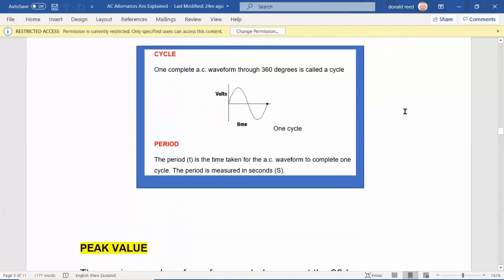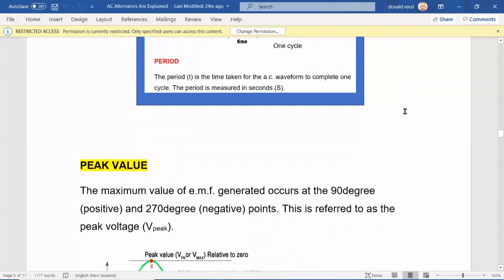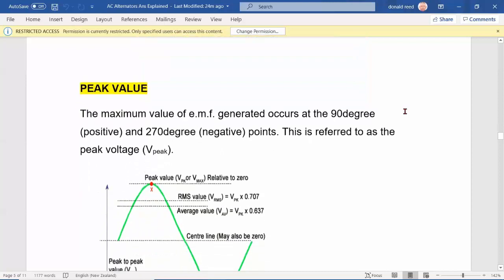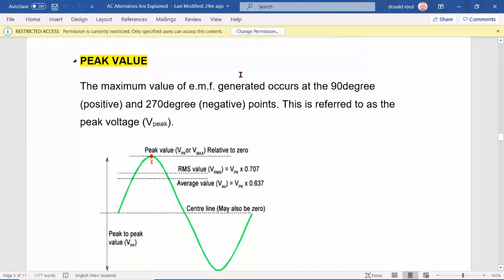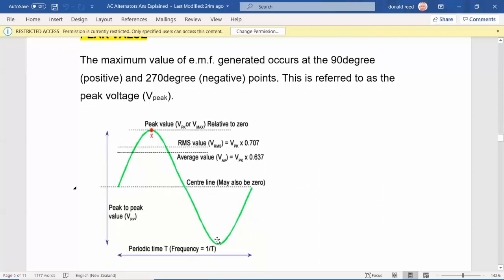seconds. Okay, now we start going a little deeper again. Peak value. There's your peak value. We have a peak value in the positive and we have a peak value in the negative.